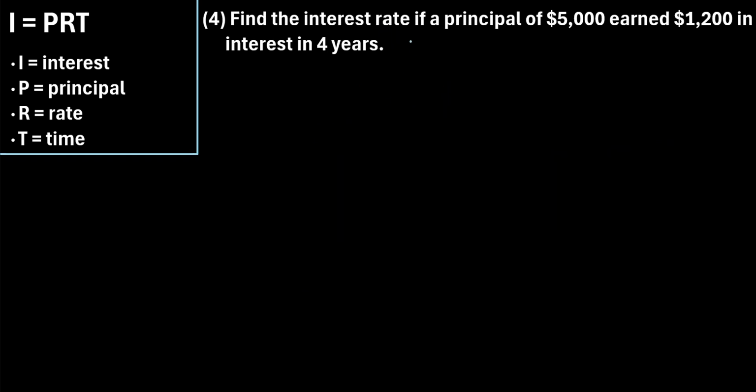This one says, find the interest rate if a principal of $5,000 earned $1,200 in interest in 4 years. So this one's a little different also. It says find the interest rate, the rate R. So we're trying to find R in this formula. So if we write I is equal to PRT, let's fill in the numbers that we know. The interest, the total interest earned, it says it earned $1,200.